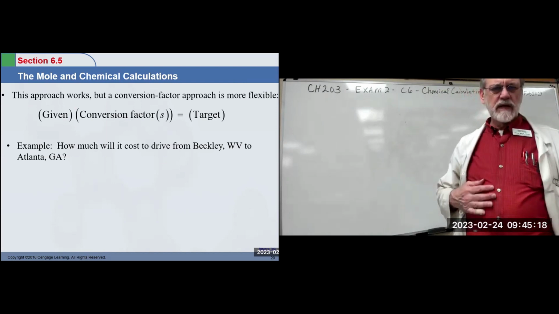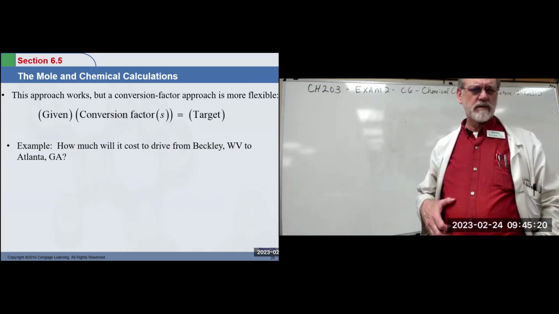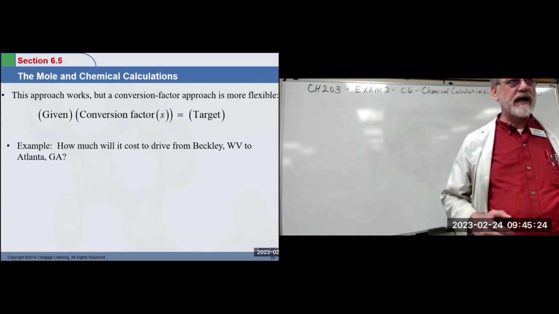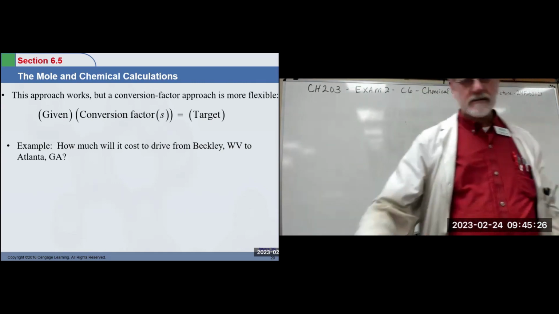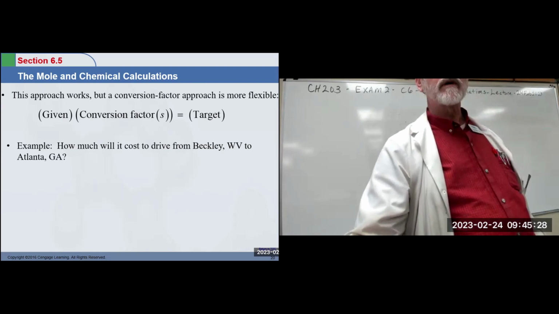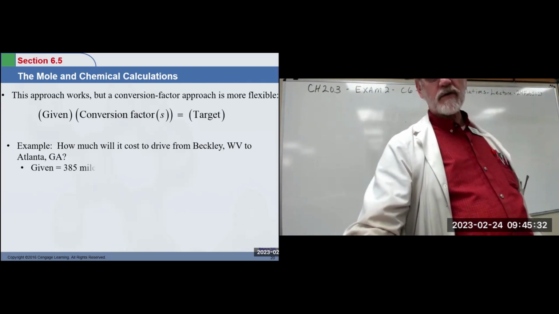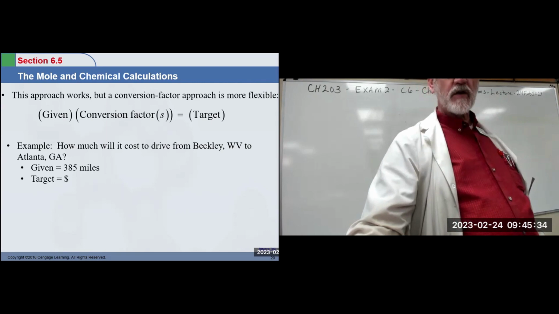So it seems like we've done this before. If I'm driving from Beckley to Atlanta where I have family, did we do that before? When we were talking about dimensional analysis? Yeah, we don't have to stop here. You just need to know how far is it, right?